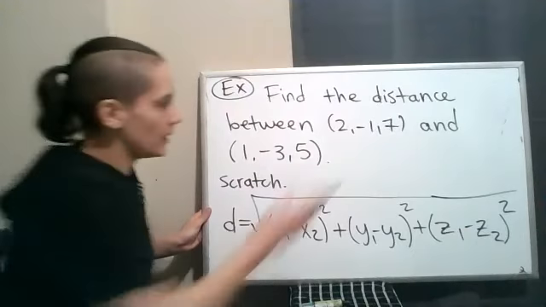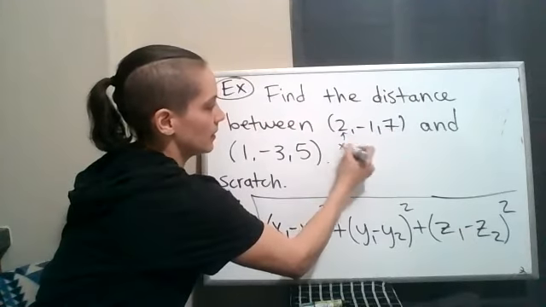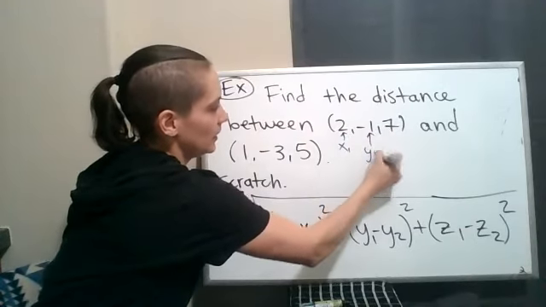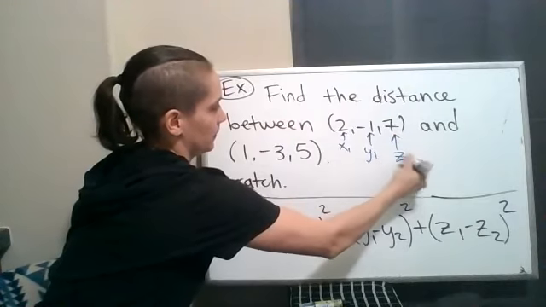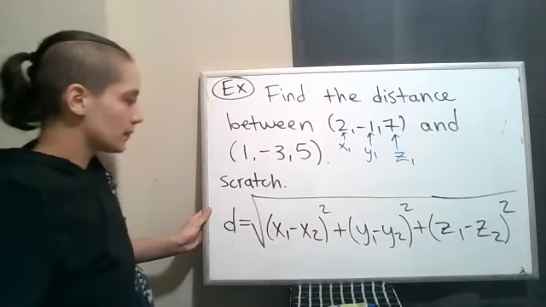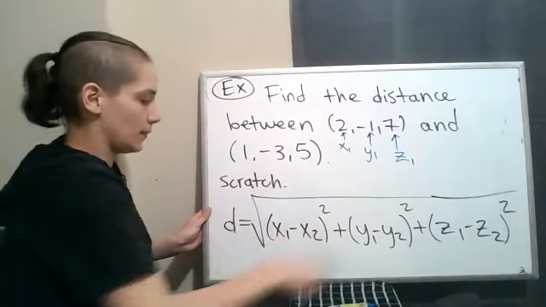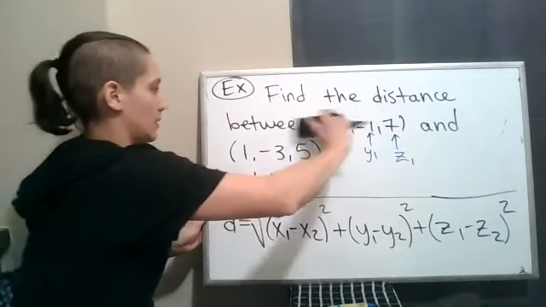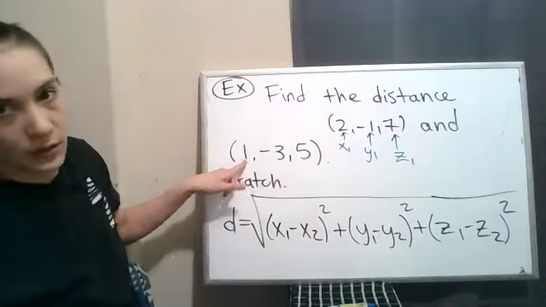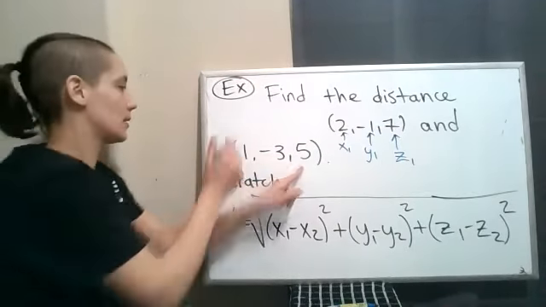This will be x1, y1, z1, and x2, y2, z2.